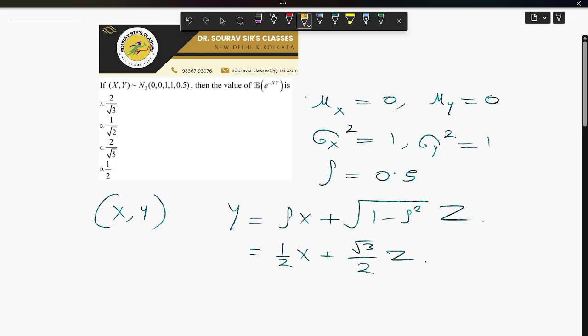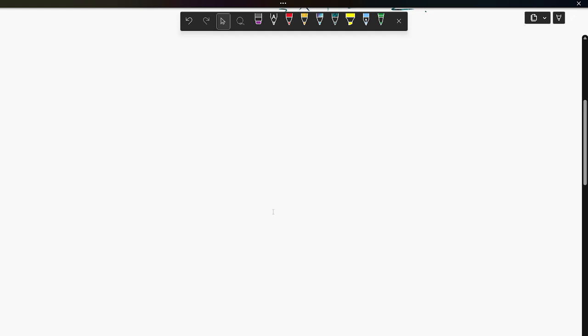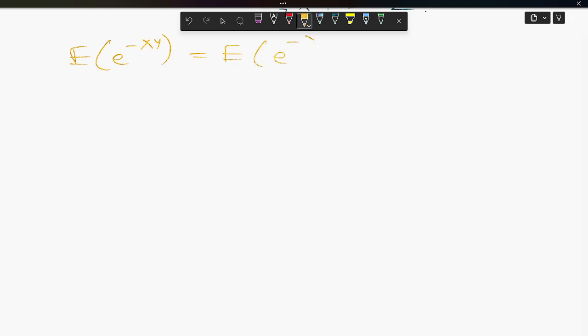So the expectation of e to the power minus XY is equal to the expectation of e to the power minus X into (half X plus root 3 by 2 Z). Okay, so we are going to simplify the exponent.